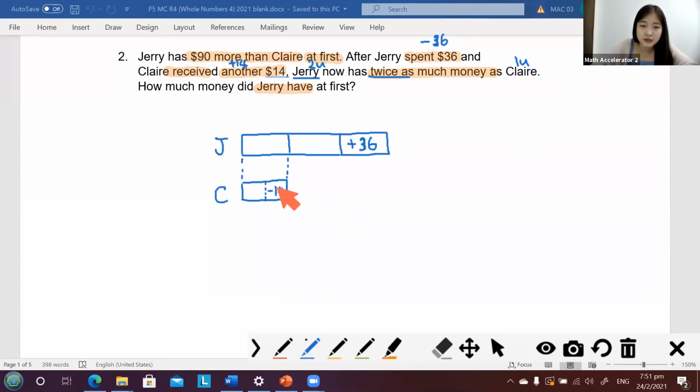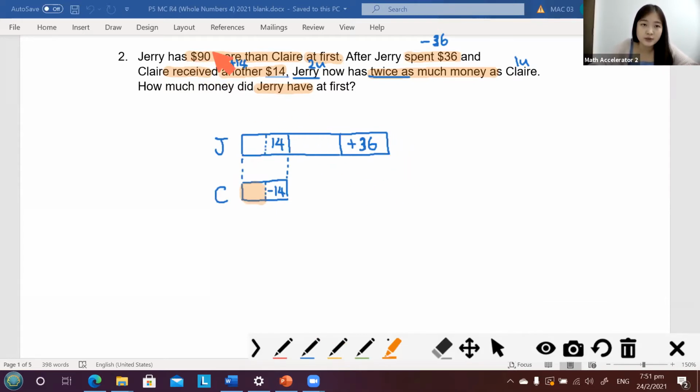This 14, we can bring it up. This is also 14. So Claire, after you take away the 14, she has this much left at the start. This is at the start. As for Jerry, it will be everything here.